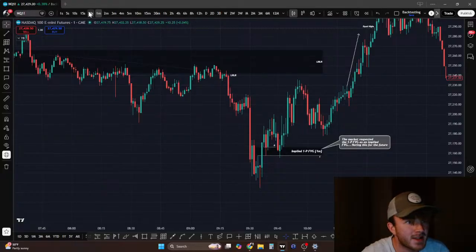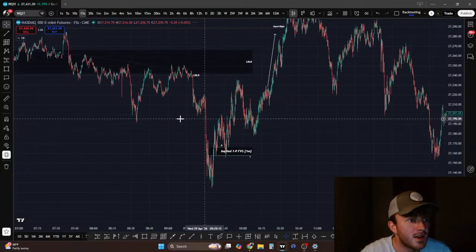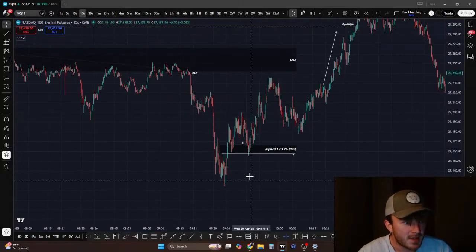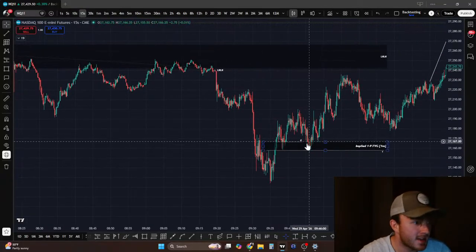What models do you backtest? So I look for manipulation and then expansion. That could be any model, right?